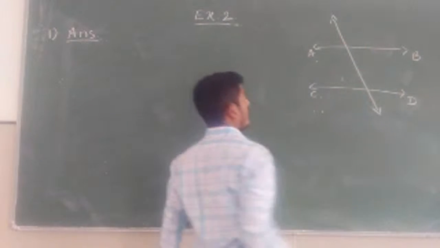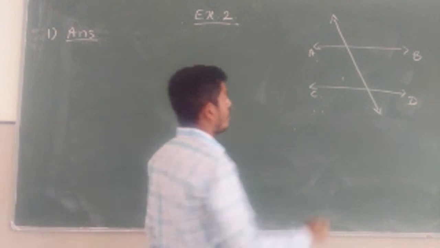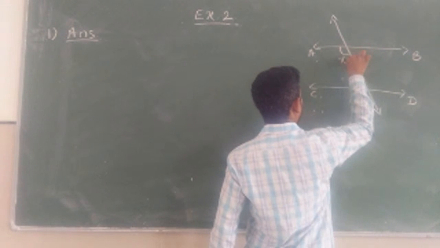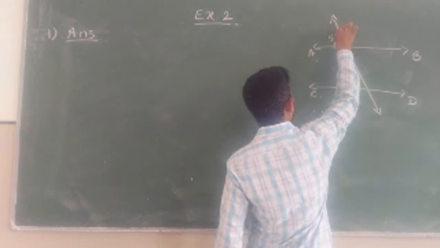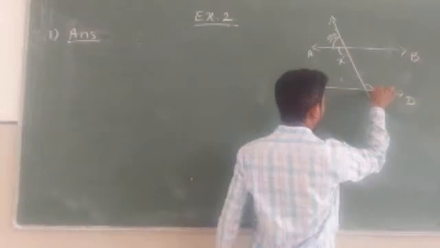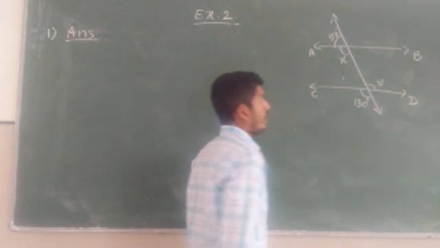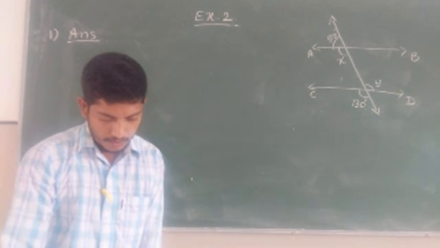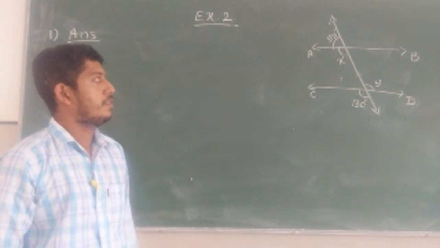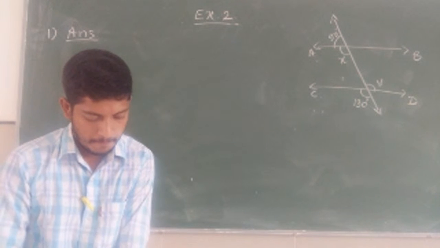Transversal means it cuts the two lines. One angle is x, another is 50 degrees, and here one angle is y and one angle is 130 degrees. So draw the diagram correctly and read the question correctly first.